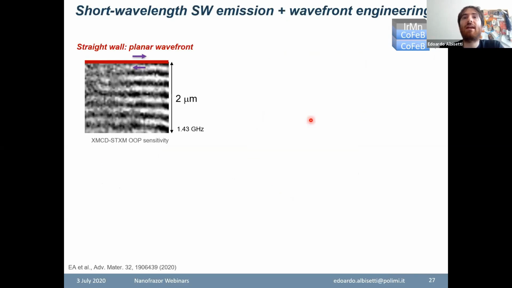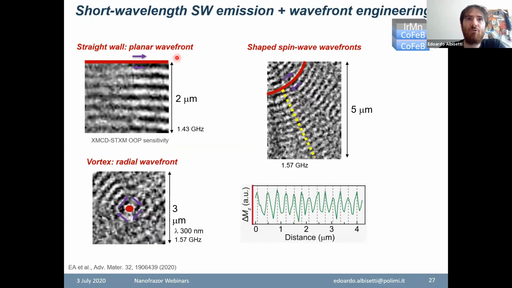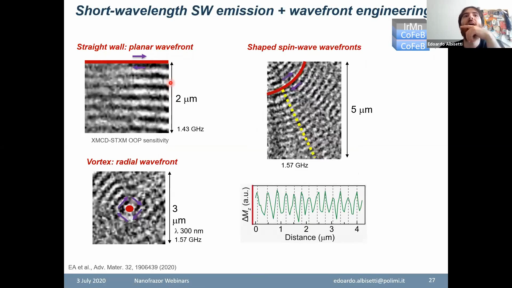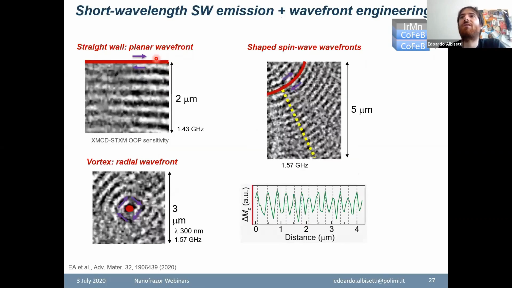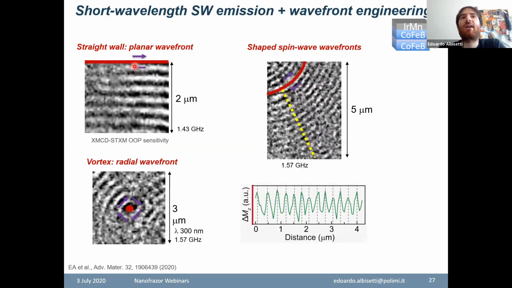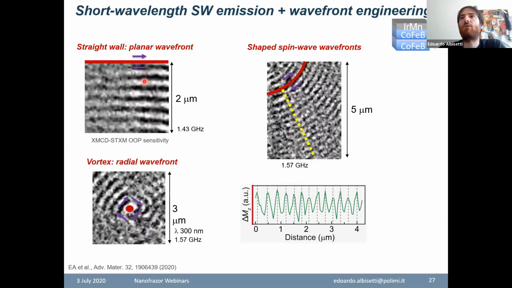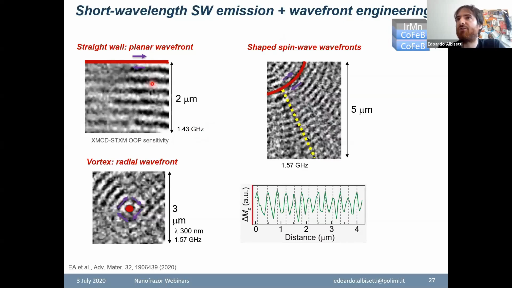So here, again, we went to the synchrotron to observe what happens. And here you see some examples. You have a straight domain wall where you have the magnetization on top and on the bottom pointing in opposite directions. And by illuminating the spin texture with an oscillating magnetic field, you can emit these planar wavefronts with a wavelength that in this particular system, at this frequency of 1.4 gigahertz, is roughly 300 nanometers.